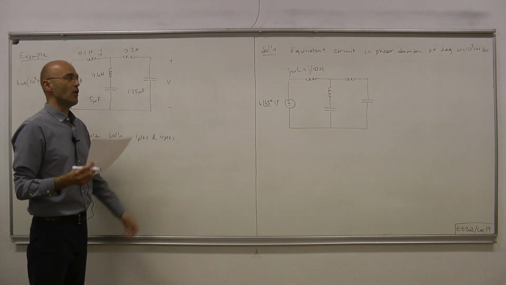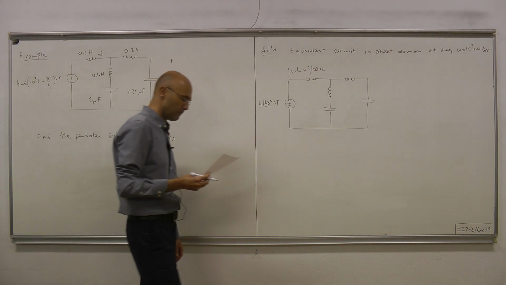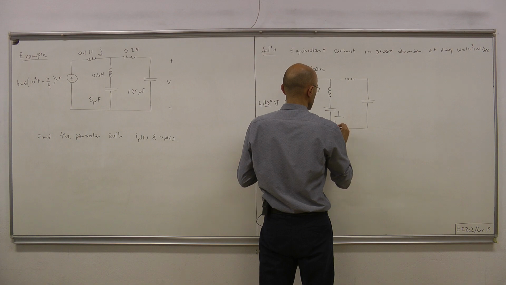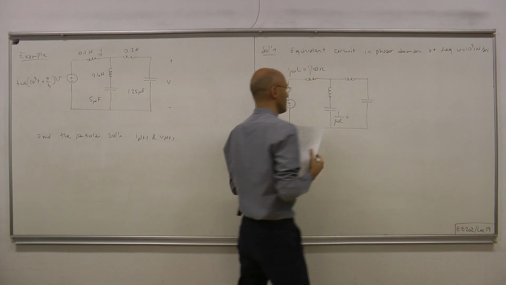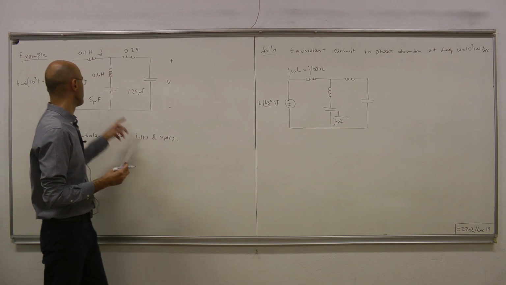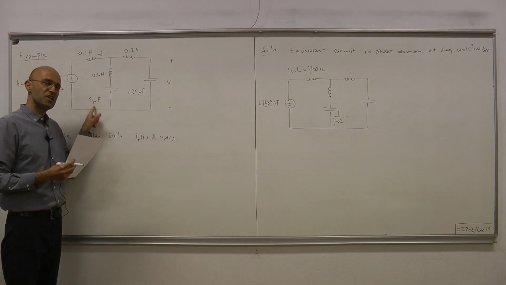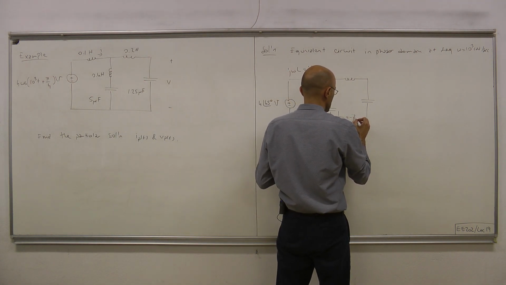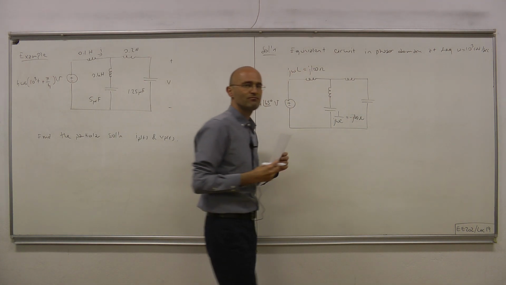That's the whole beauty in it. Likewise, we have here a capacitor, 1 over J omega C, being the impedance, omega 1000, C 5 times 10 to the minus 6 farads. So that makes minus J 200 ohms.